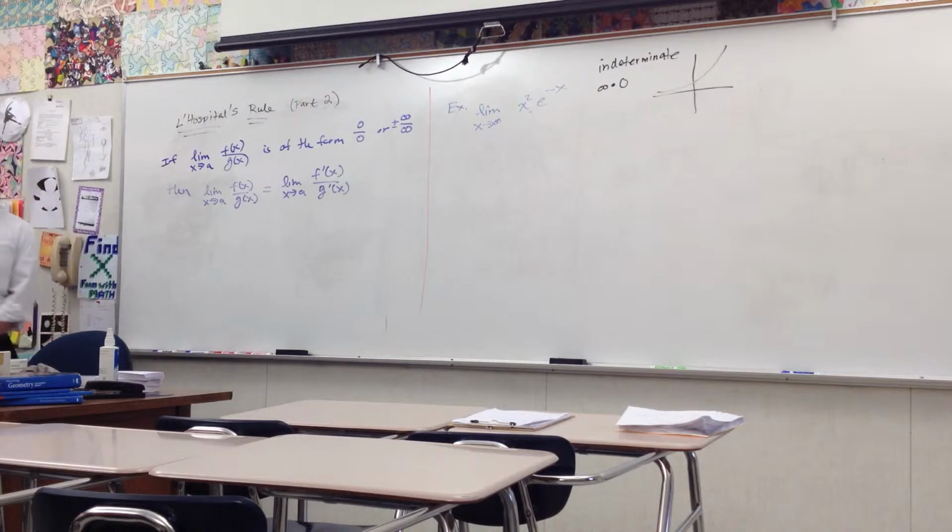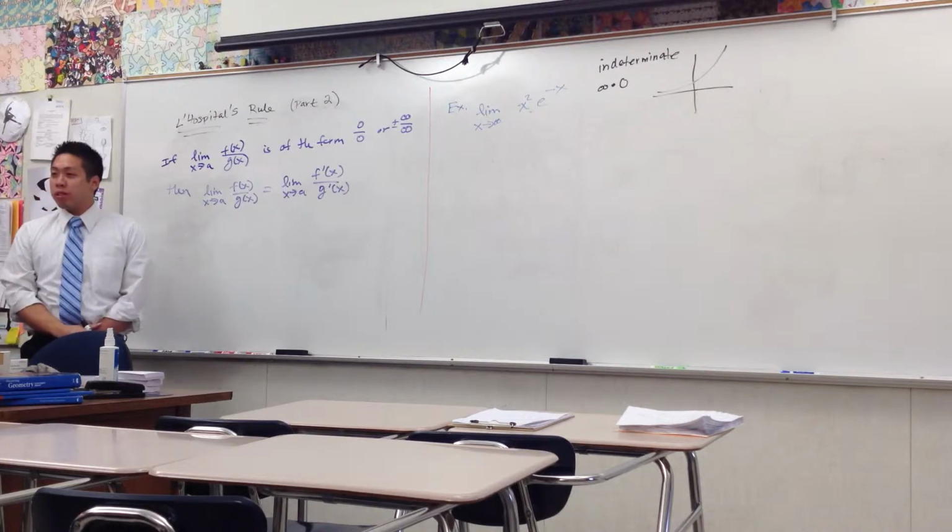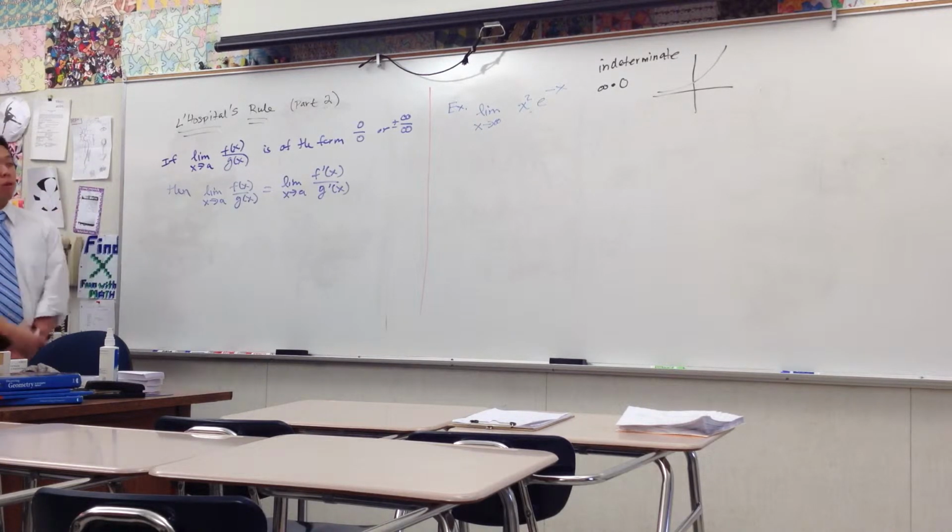And what I want to do is use L'Hopital's rule. The problem is L'Hopital's rule only works when you have either 0 over 0 or infinity over infinity. So the trick here is to rewrite that as a fraction.